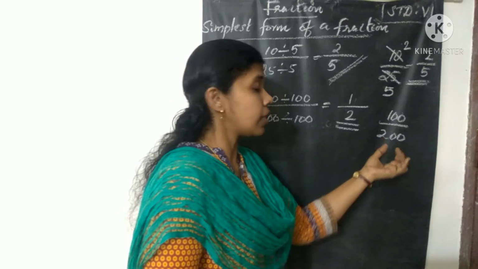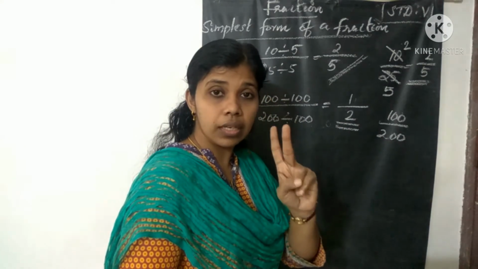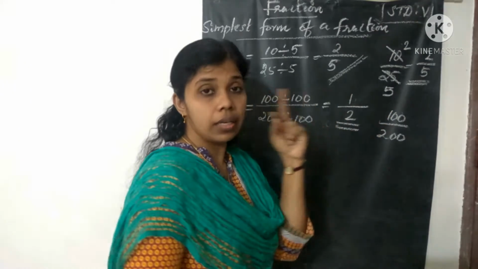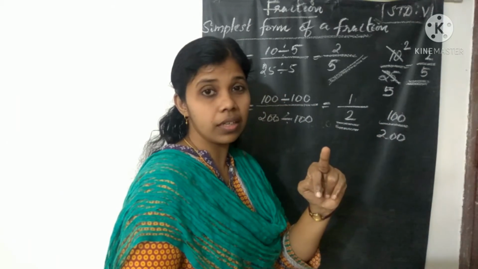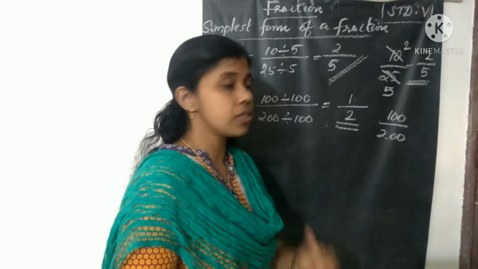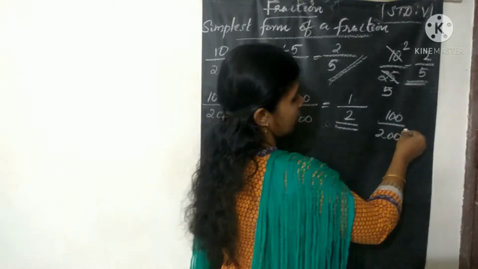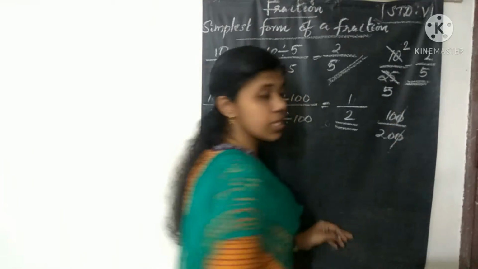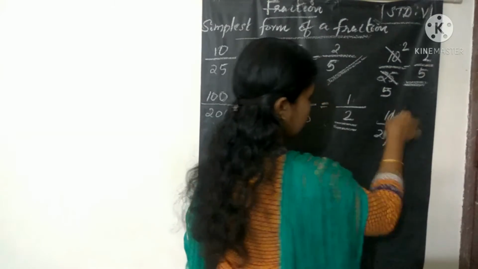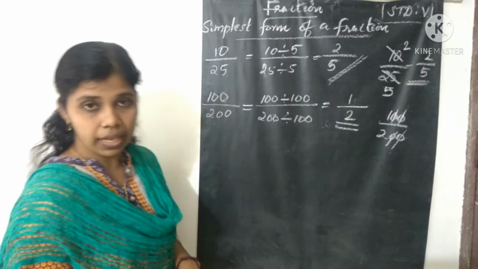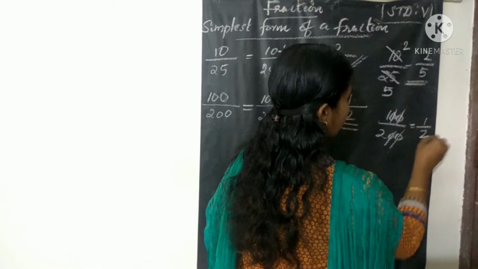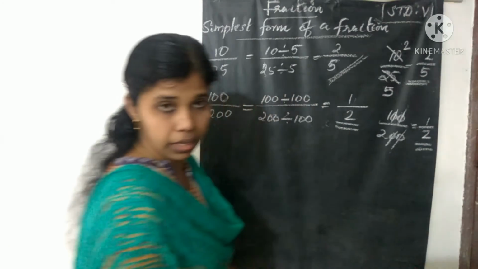Here 200 contains last ones and tens places 0. Here in our 100 last two places, tens and ones places, are 0. So here these two zeros are cancelled. These two zeros also cancelled. Now we got answer is equal to what? 1 by 2.